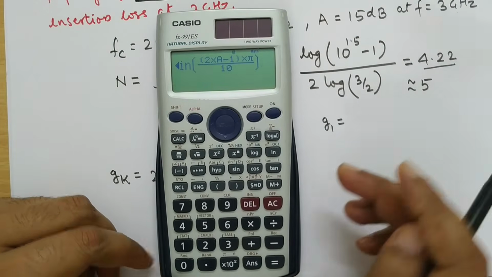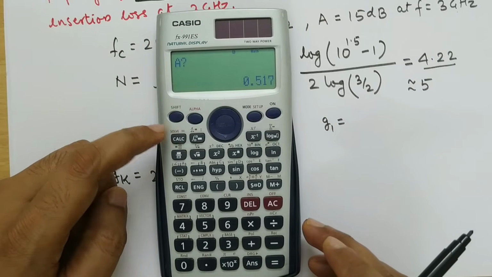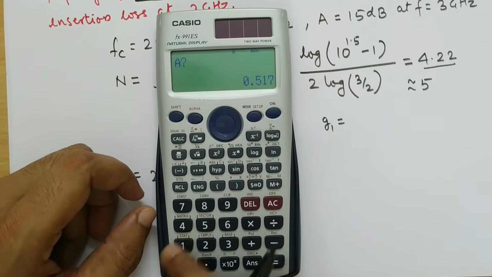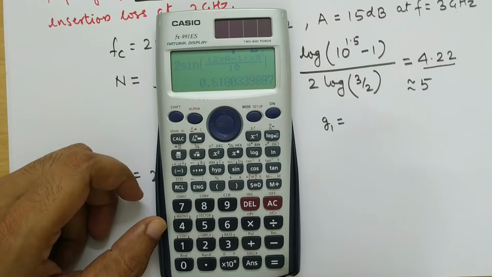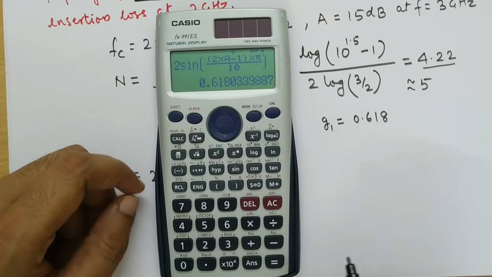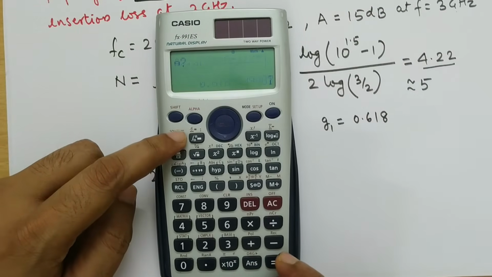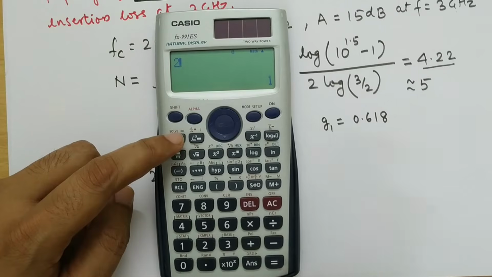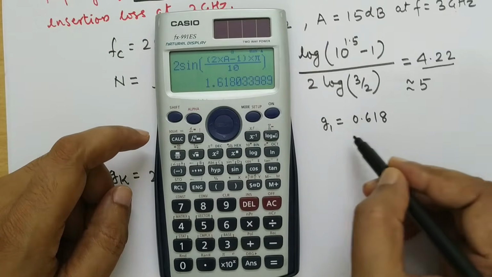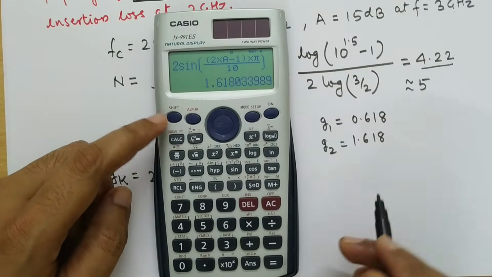So for G1, if we press calc, it will calculate for a equal to 1, and the value is 0.618. Then again we press calc for value 2, and this gives G2 equal to 1.618.